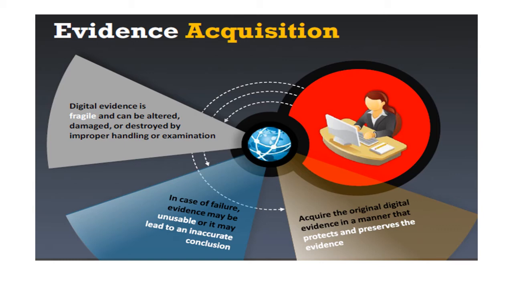In case of failure, evidence may be unusable or it may lead to an inaccurate conclusion. So we need to acquire the original digital evidence in a manner that protects and preserves the evidence.